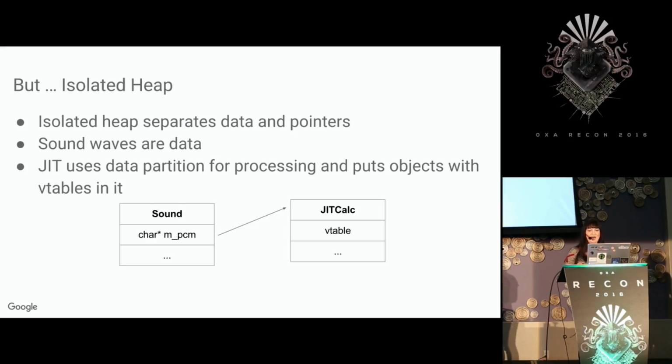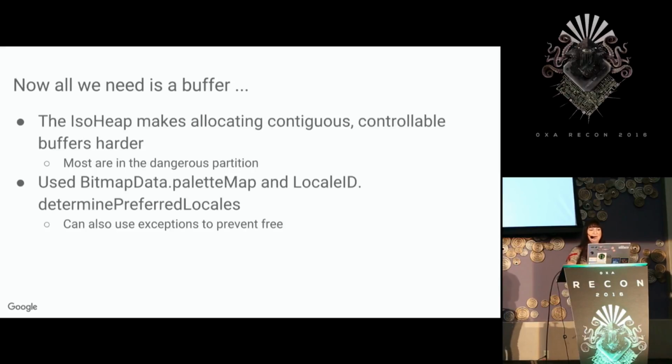I eventually found that when the AVM is calculating JIT, it sometimes allocates a specific object with a vtable on the data heap. So then I could use this bug, make the PCM data just the right size so that this object gets allocated there, and then read out the vtable, and then that bypasses ASLR, and now I know where everything is.